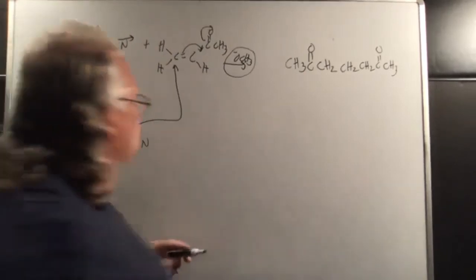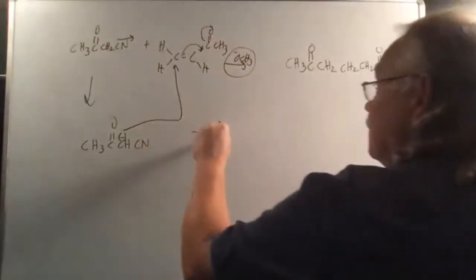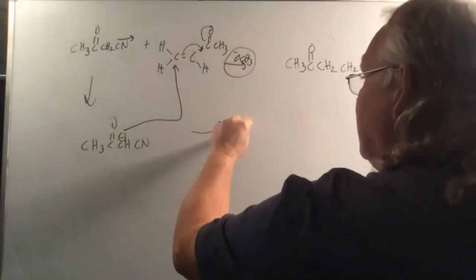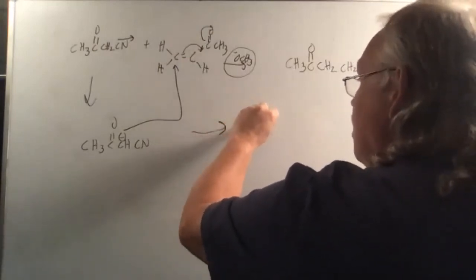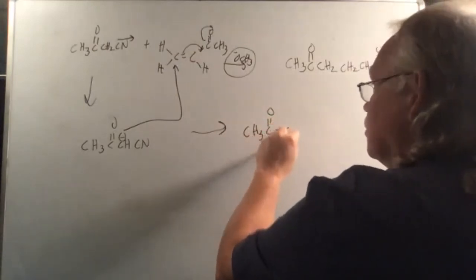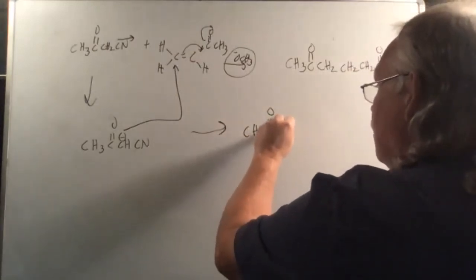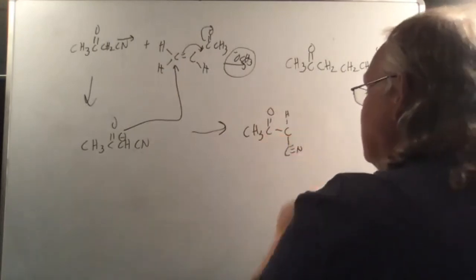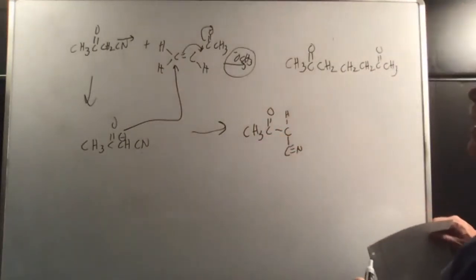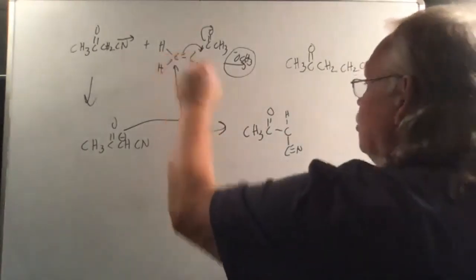Now let me redraw that product now. So notice I have a CH3 hooked to a C double bond O, hooked to a C, hooked to an H. I'm going to put my C triple bond N down here. Now notice what that's hooked to.